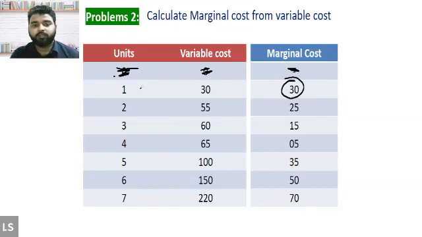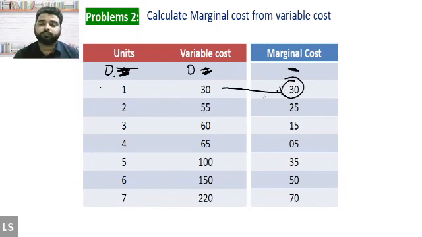Why? Because if at first unit variable cost is 30, you can simply presume that prior to 1 unit, the producer must be producing how much unit? 0. And at 0 unit, the variable cost that he must be incurring was 0. So from 0 to 1, how much extra amount is the producer spending? 30 rupees extra. So it will be your marginal cost.